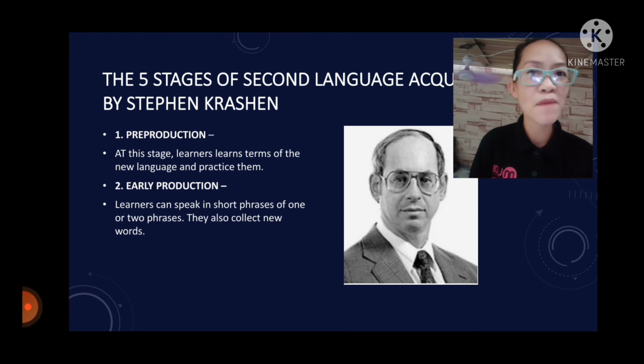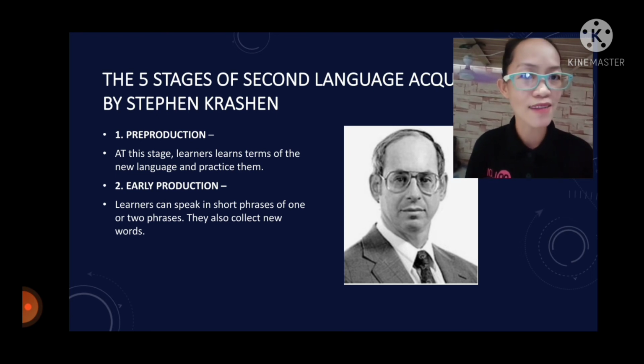So, according to Stephen Krashen, there are 5 stages of second language acquisition. Number 1 is the reproduction, which means at this stage the learners learn terms of the new language and practice them. So they are going to learn the language and they are going to practice it.